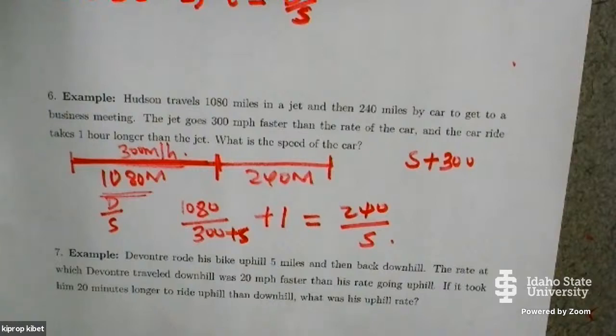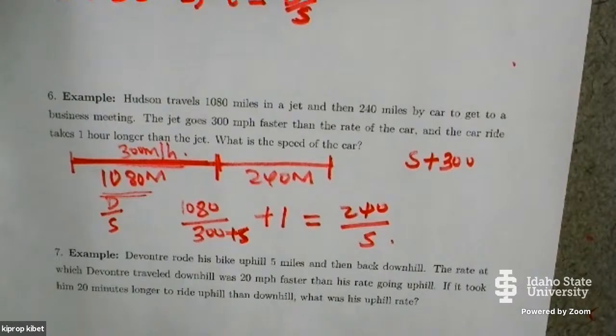Because it says the jet goes 300 miles per hour faster than the rate of the car, and the car takes 1 hour longer than the jet. Now, this guy goes very fast, and he will reach there 1 hour earlier than the car.